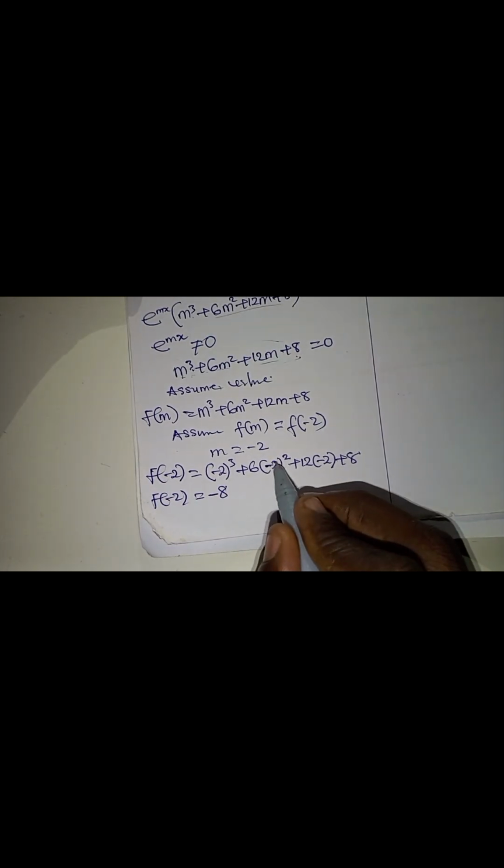This will give me minus 8, because minus 2 to power 3 is minus 8, plus 6 into minus 2 raised to power 2, which will give me 4, plus 12 into minus 2 plus 8.